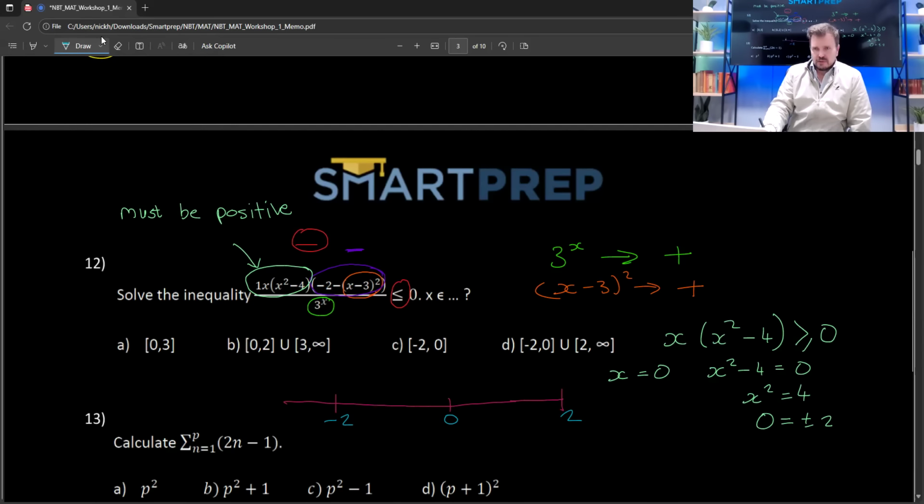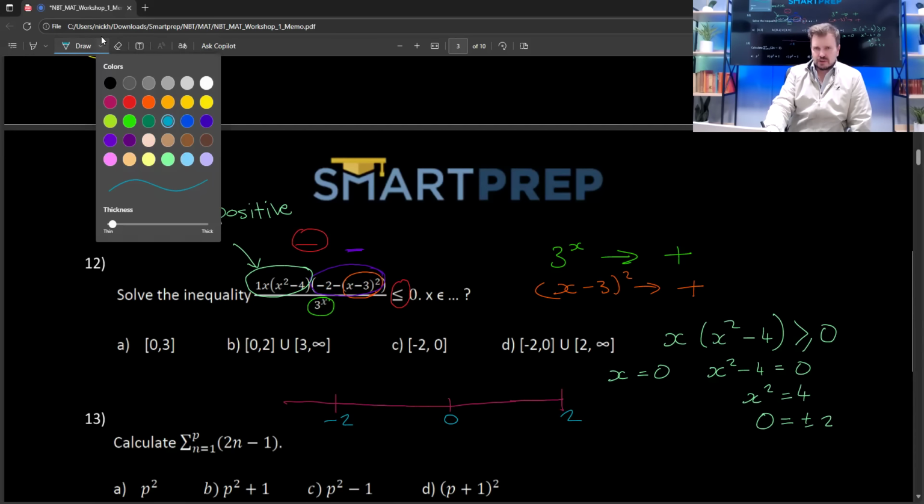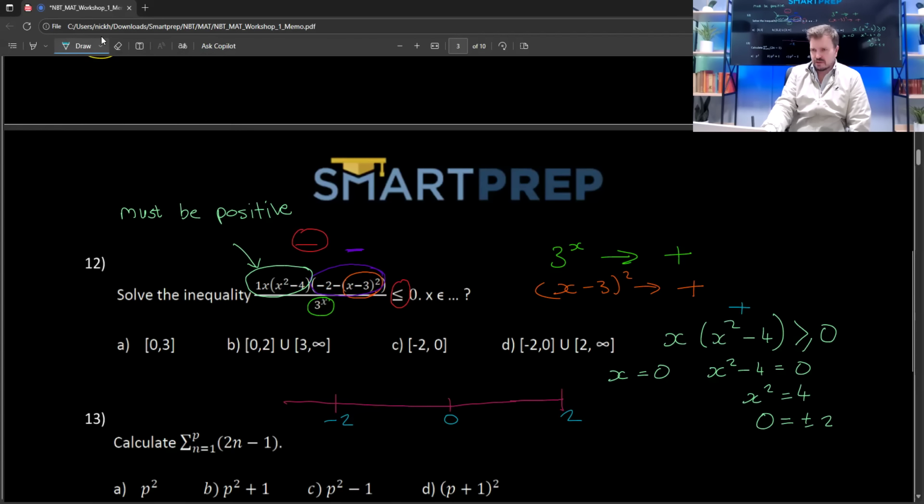Now let's say we have -4. Let's make it -10, that's an easier one to work with. So -10 times, and then this will be -10 squared, which will be 100, minus 4. So that ends up being positive.